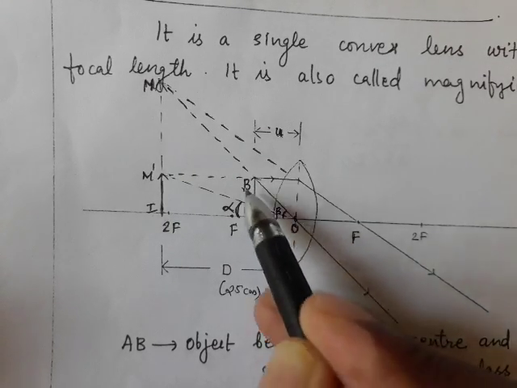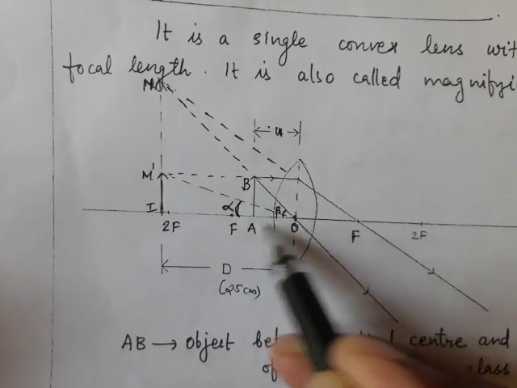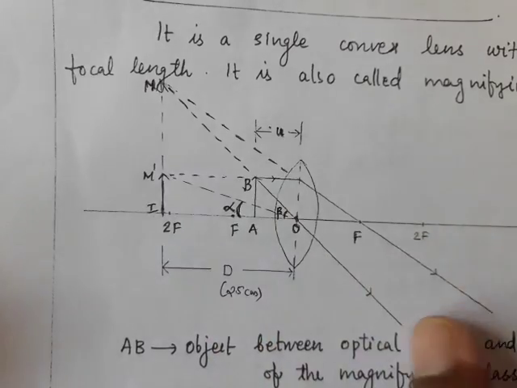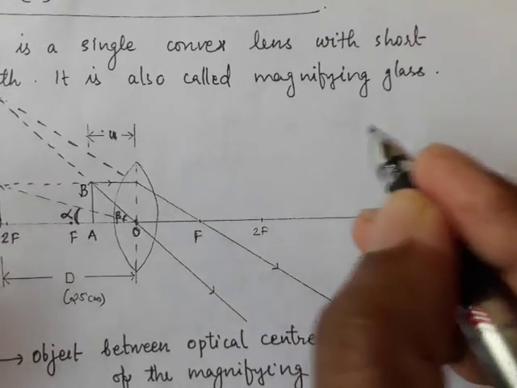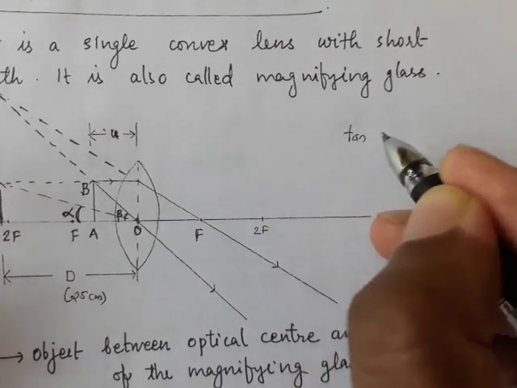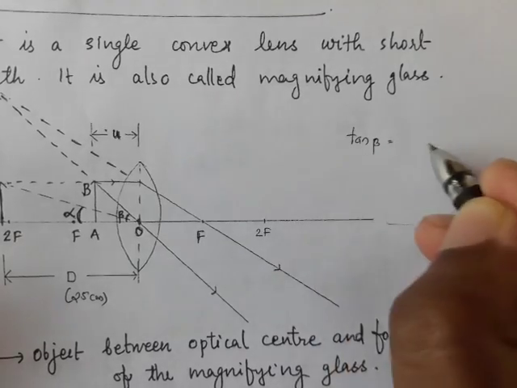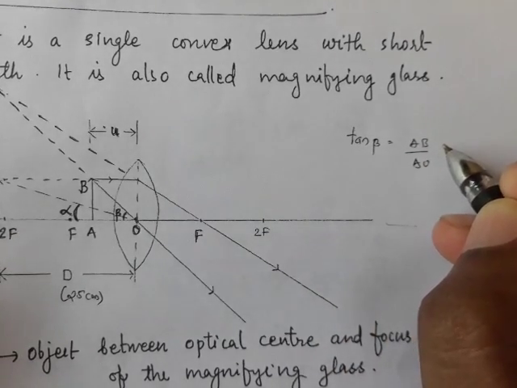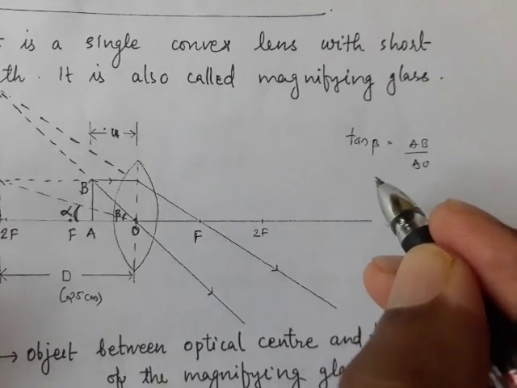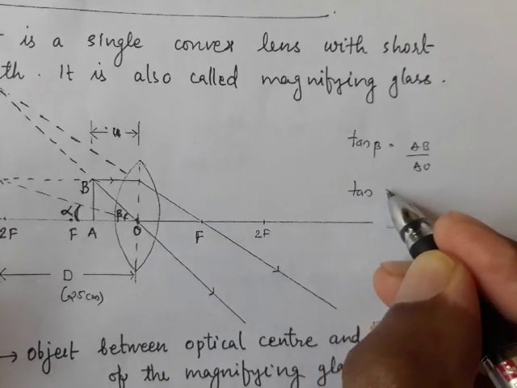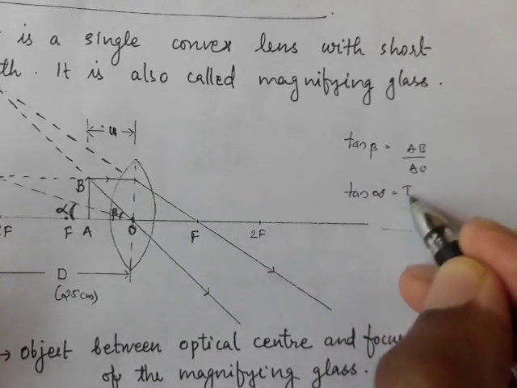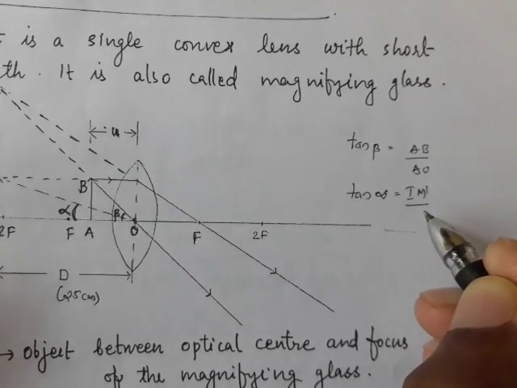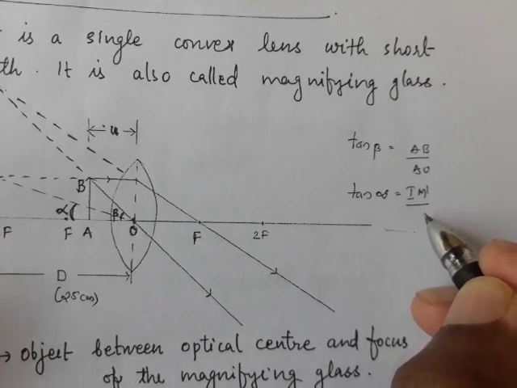So tan beta, I get AB by AO. AO is nothing but the object distance, so this is also possible. Look at this figure: tan of beta is AB by AO, and tan of alpha is IM dash divided by IO.